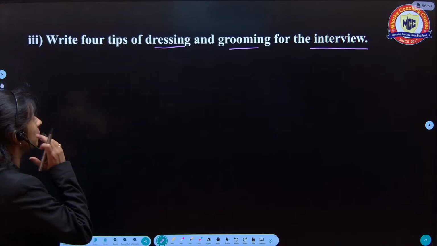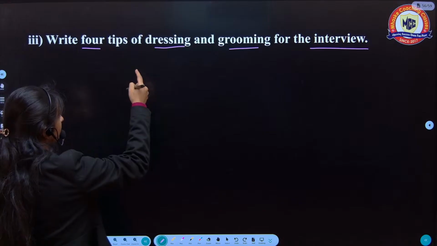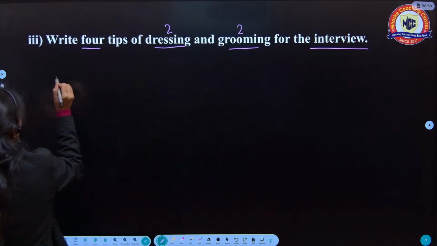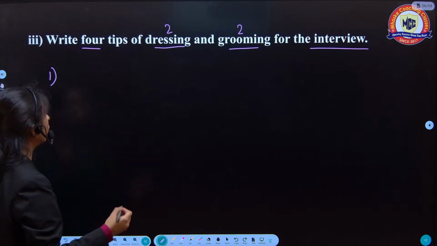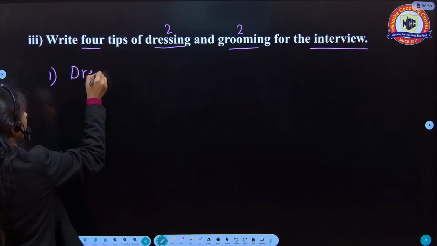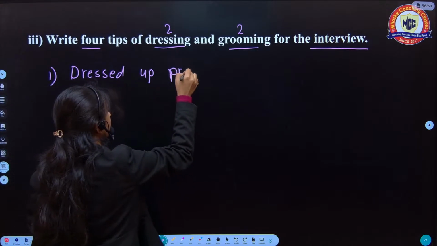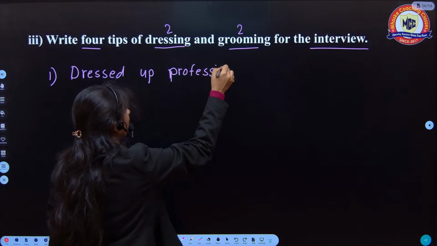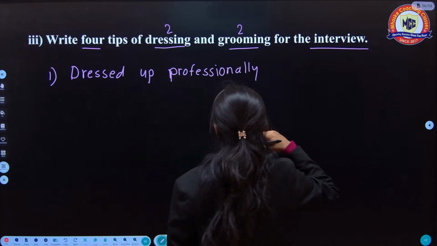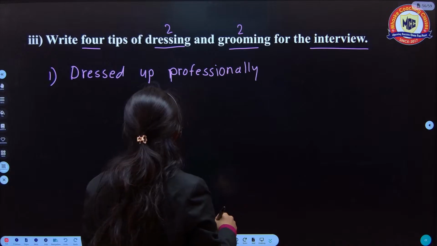So, 4 tips for dressing. We have to write 4 tips. So, 2 for dressing and 2 for grooming. Let's start writing. What can be the 4 tips? So, you have to dress up professionally. Okay, you have to dress professionally.